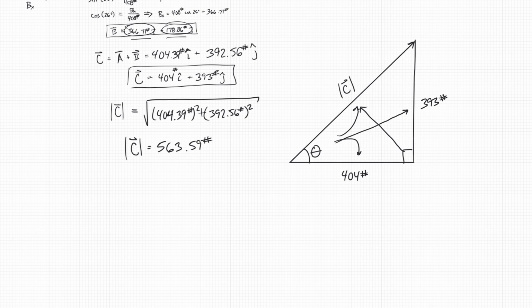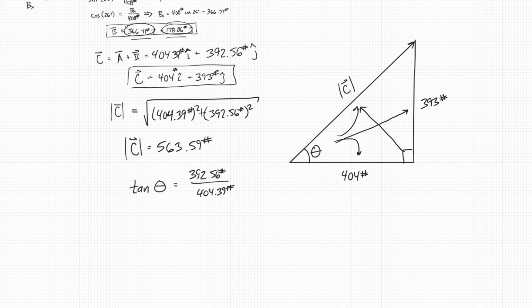Okay, tangent of theta equals the opposite side, which is 393. Well, let's use the full thing. That way we won't have any rounding errors. 392.56 pounds divided by the adjacent side, which is 404.39 pounds.